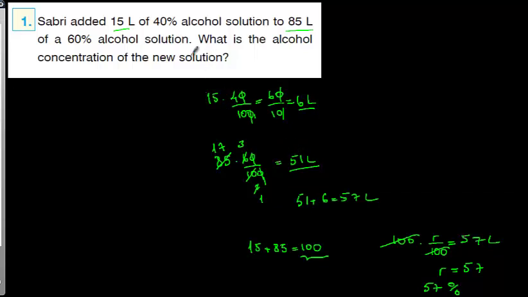So when it says that Sabri added, it means you are going to add them. 15 liters plus 85 liters, how many liters will you get? 100 liters. But this is not alcohol, this is alcohol solution. And in the alcohol solution, what is your total amount of alcohol? 6 plus 51, totally 57 liters.